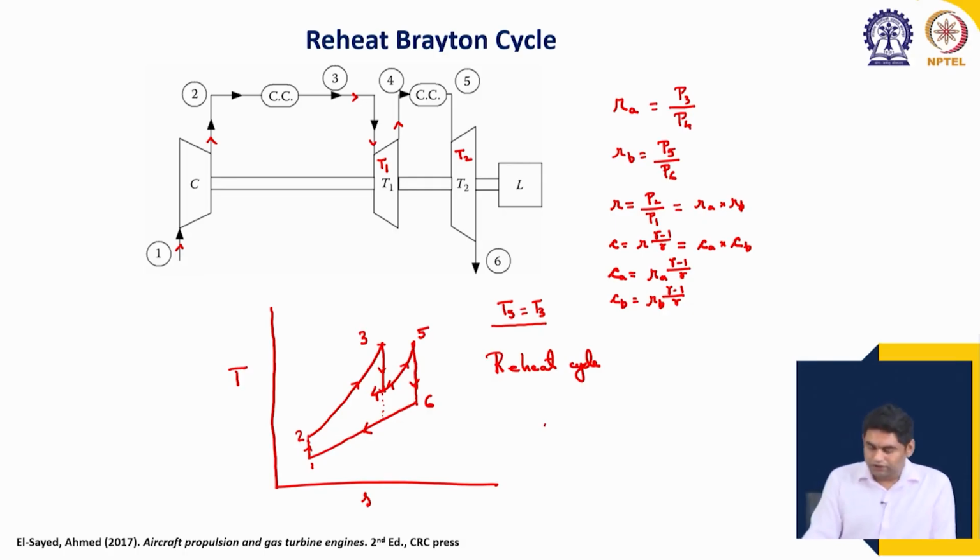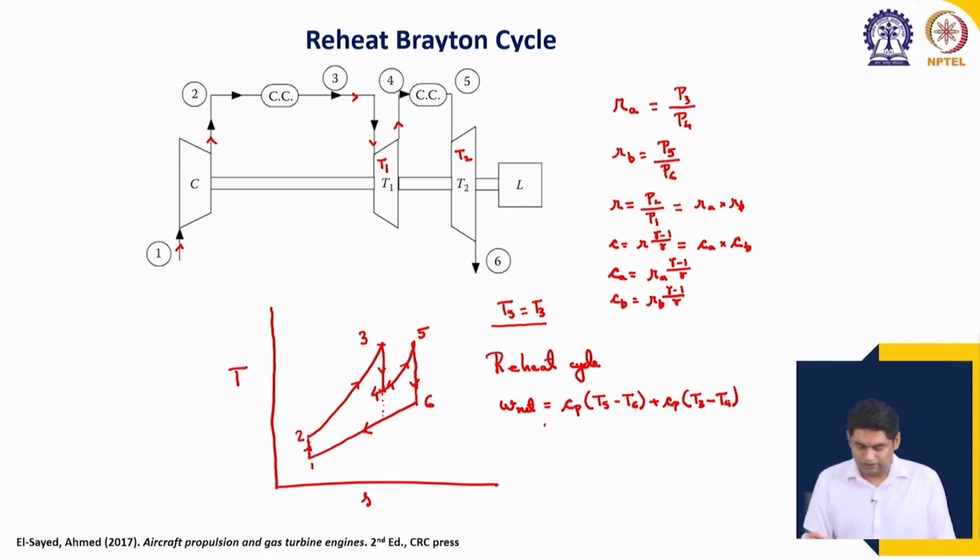So, now with this we can write the net work output as C P into T 5 minus T 6, plus C P into T 3 minus T 4. Probably I should have written T 3 minus T 4 first, but it does not matter.